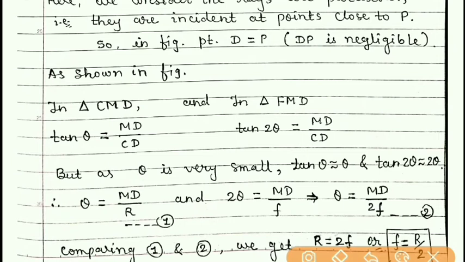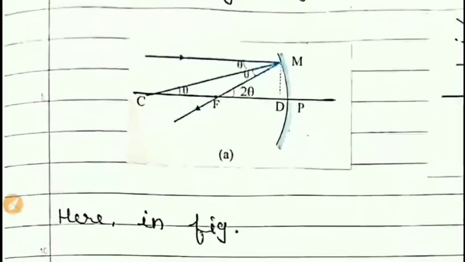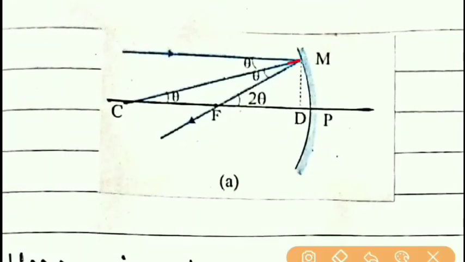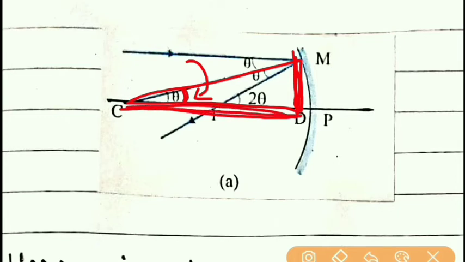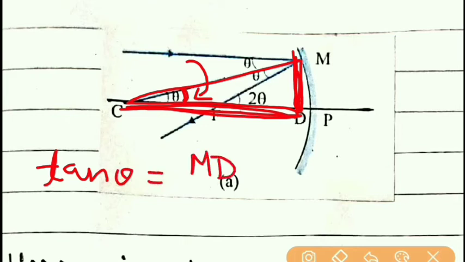Now in triangle CMD, look here, this triangle, in this triangle with respect to this angle, this side MD is opposite and this side CD is adjacent. So we can write tan theta is equal to MD upon CD.